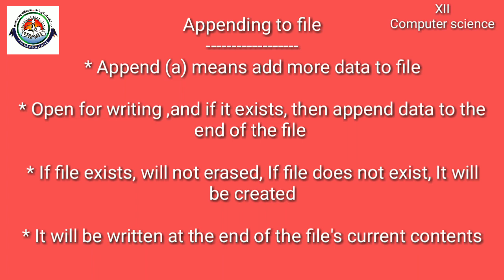When data is written to the file, it will be written at the end of the file's current contents. Current contents means some contents are already in that file, and new data will be written at the end of the current contents.